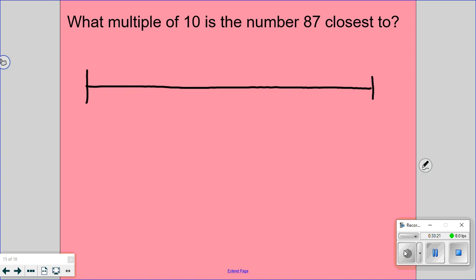What's that skip count you hear in 87? Evelyn? 80. Probably going to start at 80 to get to 87. Right? All right. What's next? Grayson, what comes after 80? I'm skip counting by tens. 90. That was easy.